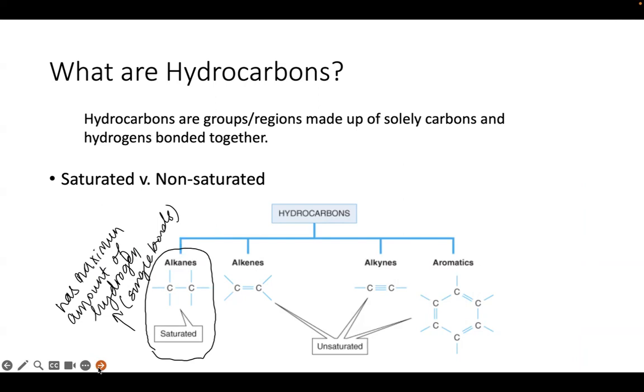Unsaturated, I've never heard it called non-saturated. I think that's a typo on my end. Unsaturated is when carbon is not maximizing its amount of hydrogens. And so instead of having 4 bonds, or I'm sorry, it still has 4 bonds, but it's not necessarily connected to 4 different atoms. That is when it's unsaturated. So it's not maximizing its amount of hydrogens.